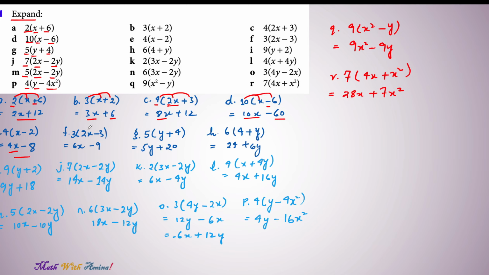3 multiplied by 2x, 3 multiplied by minus 3. So 3 multiplied by 2x is equal to 6x. 3 multiplied by minus 3 is equal to minus 9.